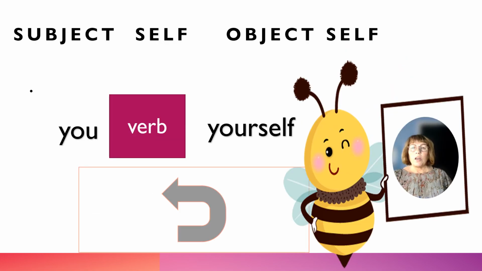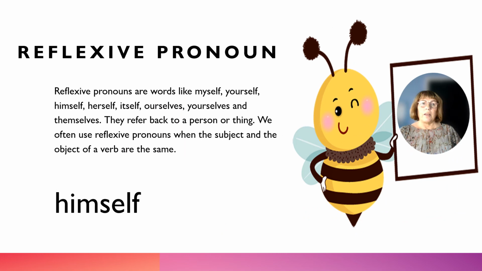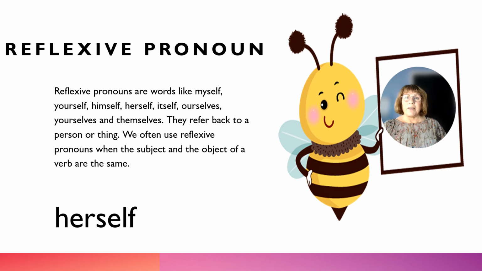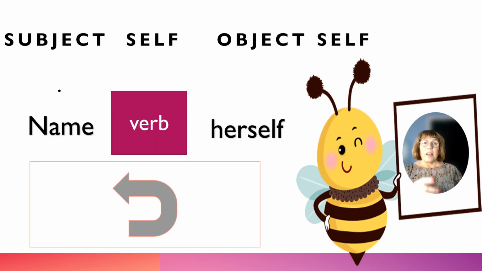So you hurt yourself. Again, remember the reflexive pronouns referring back. He hurt himself. What about herself? The name Jane hurt herself, and you can see I'm using the same verb just to show you that it changes only by the pronoun that you're using.